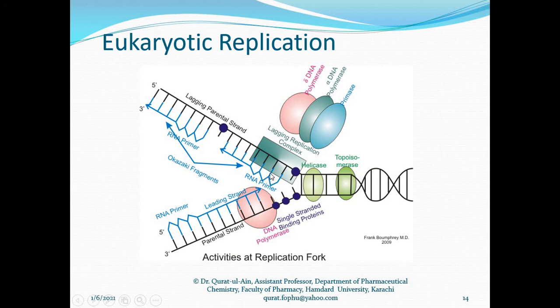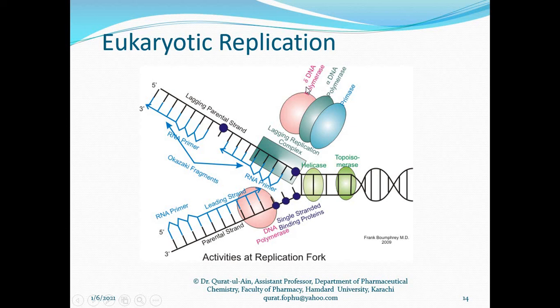And after the replication, the primer would be removed by another enzyme, DNA polymerase alpha and DNA polymerase delta.